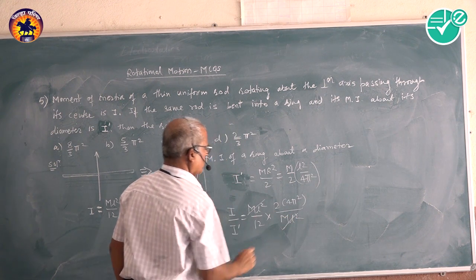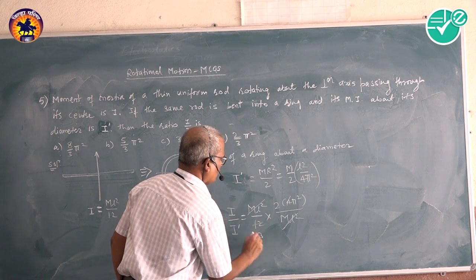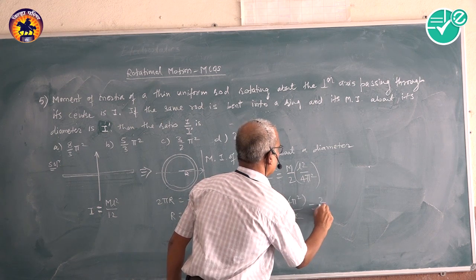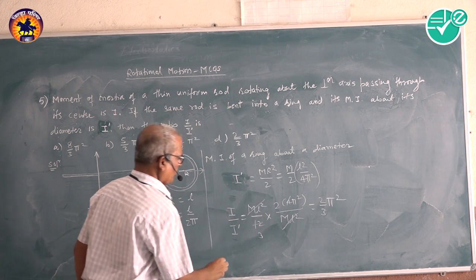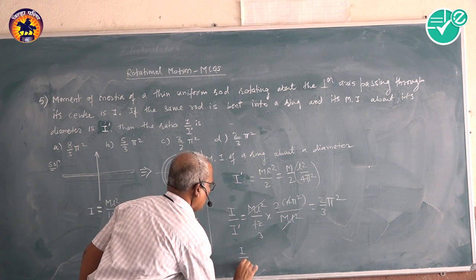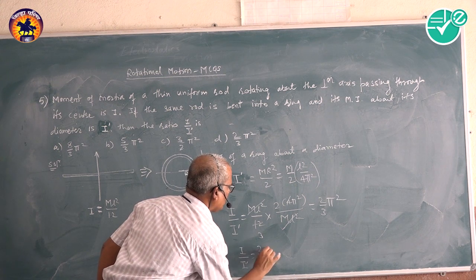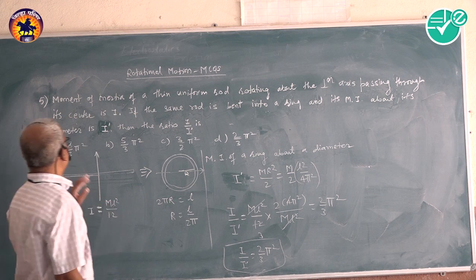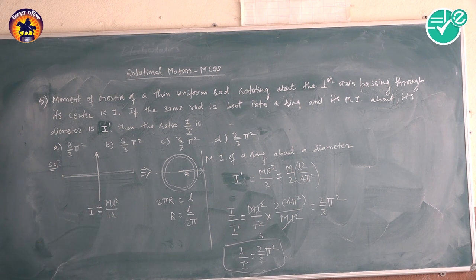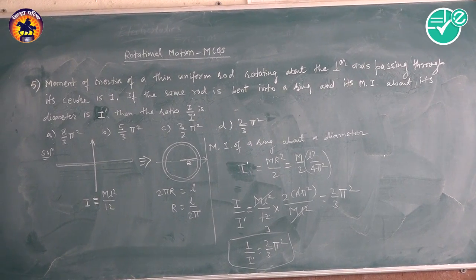So this gets cancelled with this, then 4 3s are 12. So the equation becomes 2 by 3 pi square, and this is the ratio, that is I upon I dash is equal to 2 by 3 pi square, and this is our correct option. Now this 2 by 3 pi square is the correct option, that is the ratio of I upon I dash.